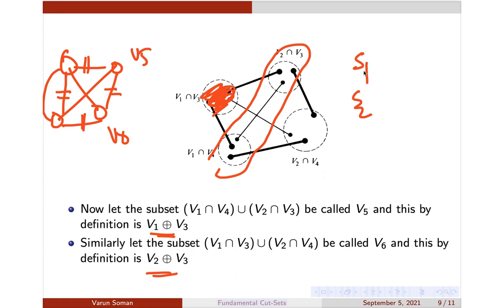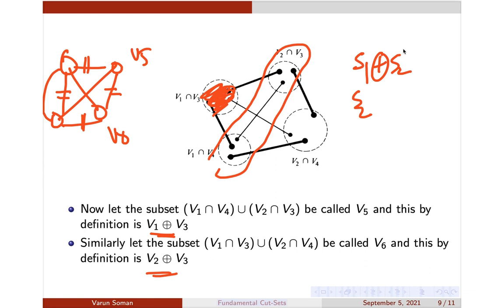So there are no extra edges connecting V5 and V6, because all of them are covered by S1 ring sum S2, since S1 and S2 are cut sets. All connections are accounted for in S1 or S2 itself, because V5 and V6 are defined in terms of the partitions created by S1 and S2.